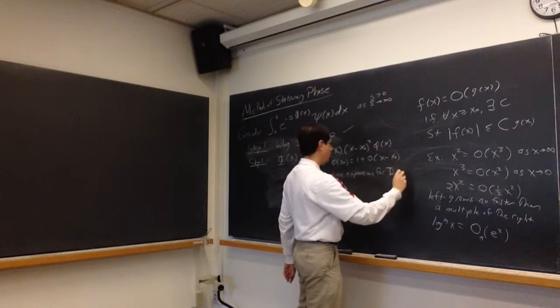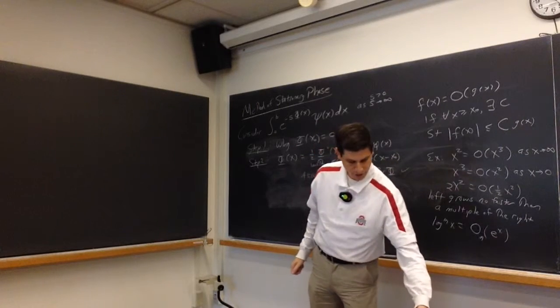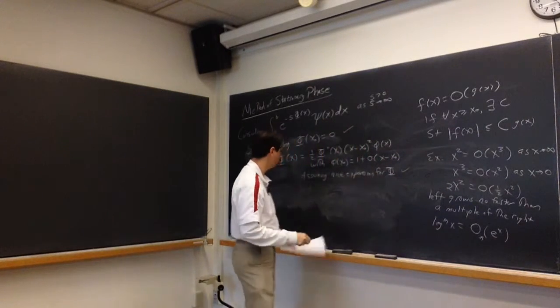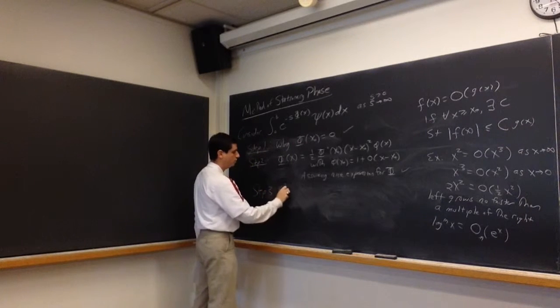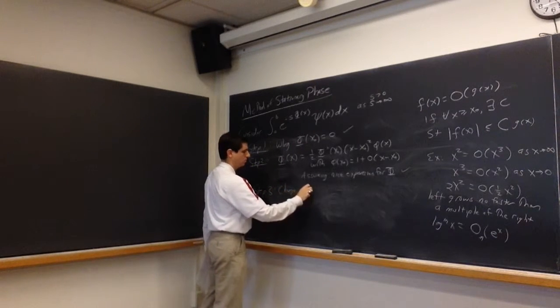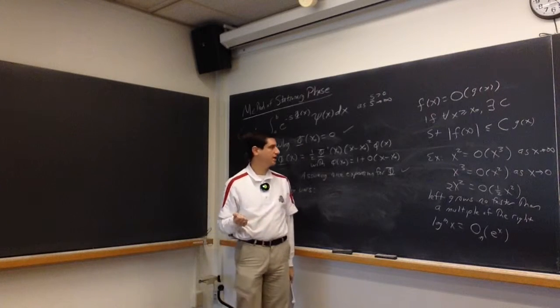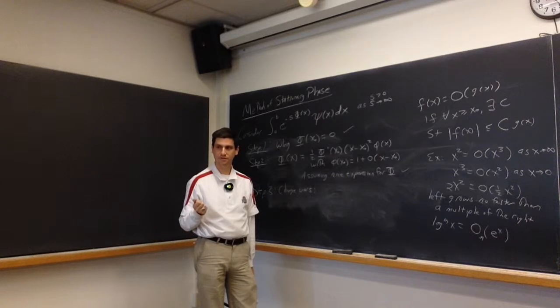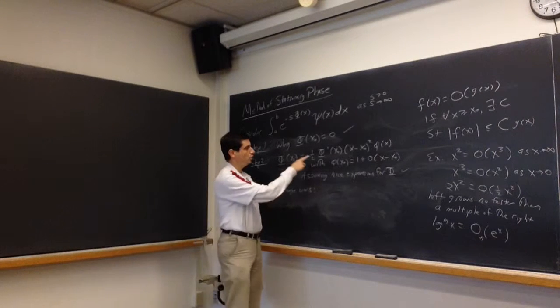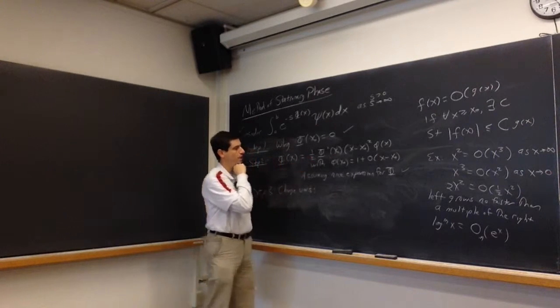OK. So step 3 now is trying to replace and change variables. Based on the fact that we want a Gaussian, the change of variables should be obvious. We don't want to do too much with that 1/2.